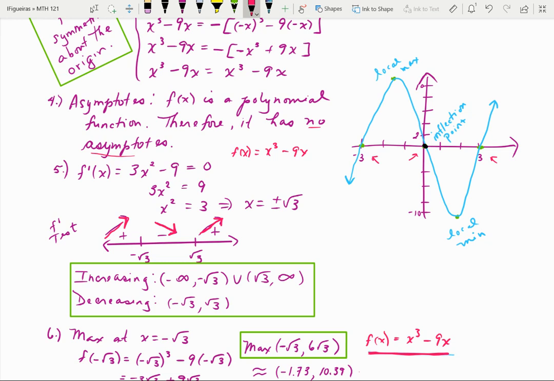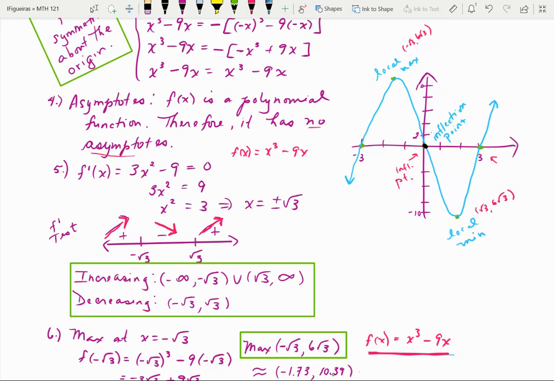I had a local max at, if you recall, negative root 3, 6 root 3. And I had a local min at positive root 3, 6 root 3. So we found that earlier. And we have an inflection point here at the origin. So it's not only an intercept, but it's also an inflection point.